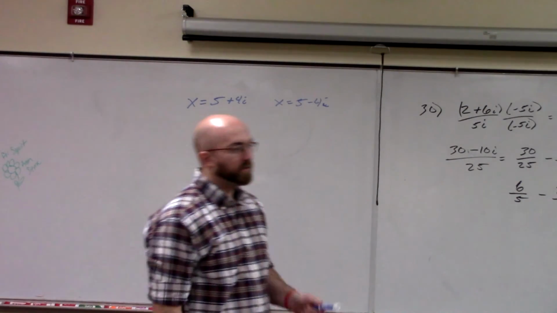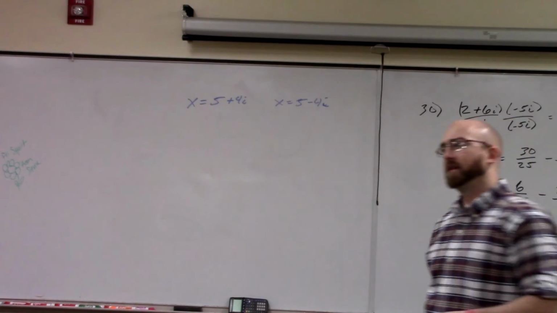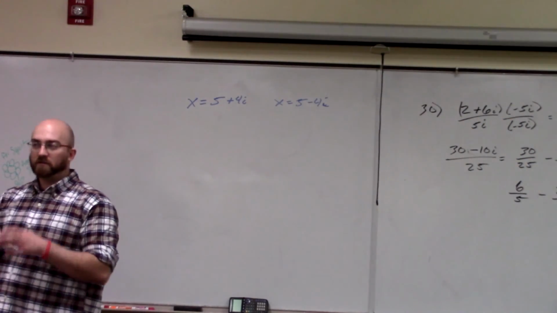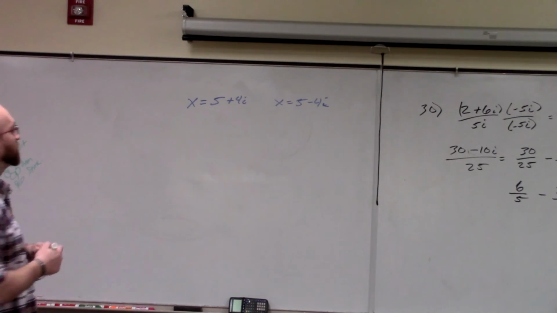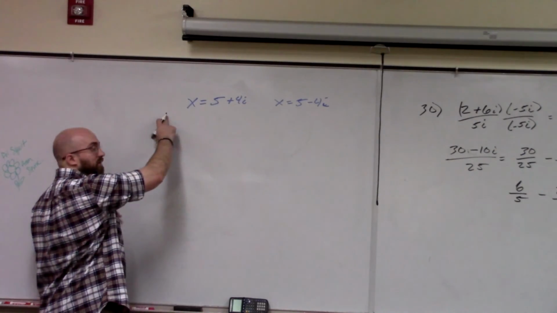Now, the first way to do it, which most people do understand, it's just a lot of work, is you realize they want you to get the function. Those are your solutions. So what you need to do is move all of this to the other side.